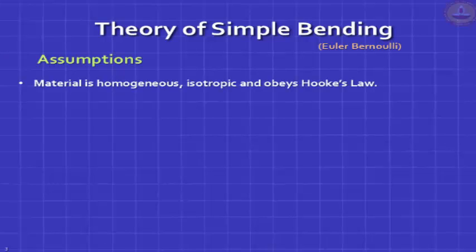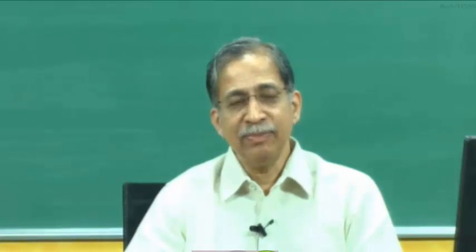There are some assumptions. The first assumption is the material is homogeneous, isotropic, and elastic. Linearly elastic, which means it obeys Hooke's law, which means that elasticity is a property which implies that when you load the material, it will deform, and when you remove the load or you unload it, there is no residual deformation.